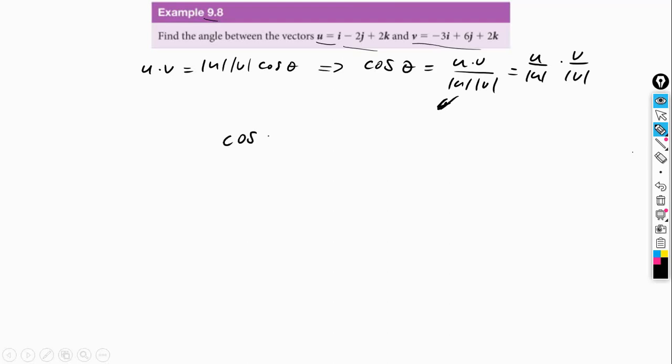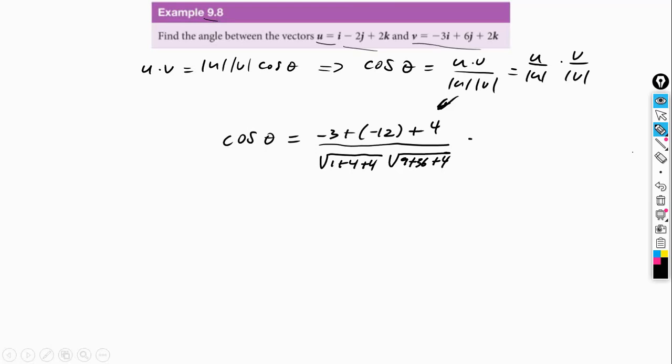So we have cosine of theta is equal to 1 times negative 3, that's going to be negative 3, plus negative 2 times 6, that's going to be negative 12, plus 2 times 2, which is going to be 4. And then we divide this by the magnitude of u, which is going to be the square root of 1 plus 4 plus 4, and this times the magnitude of v, which is the square root of 9 plus 36 plus 4.